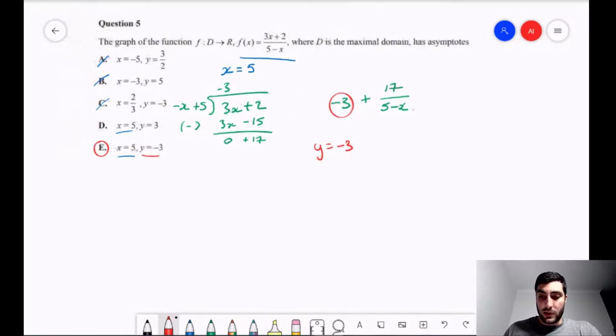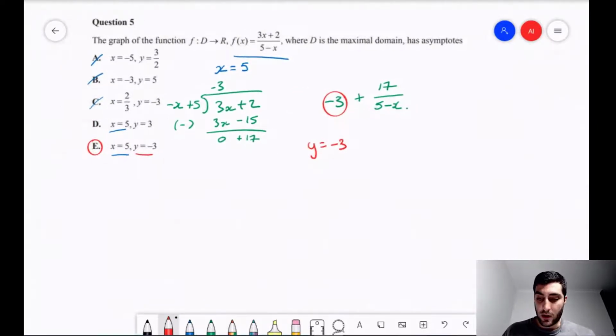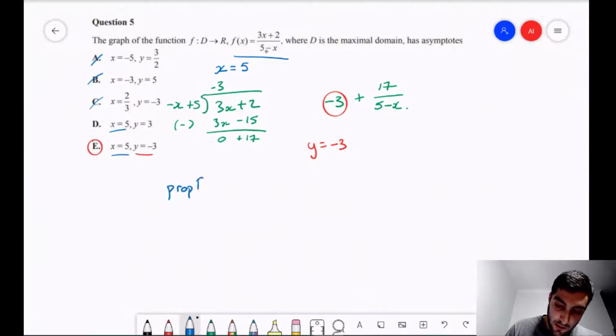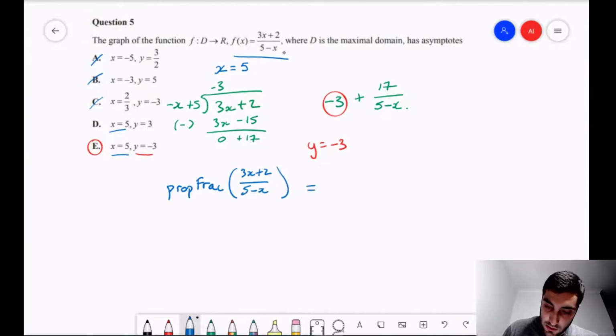If you're not confident in doing that by hand, there is a function on the calculator. The function's called propFrac. So if you take propFrac of f of x as it's defined over here, so it'd be 3x plus 2 over 5 minus x, what the calculator gives you is minus 17 over x minus 5, minus 3.